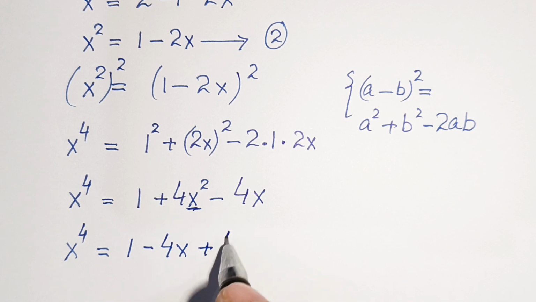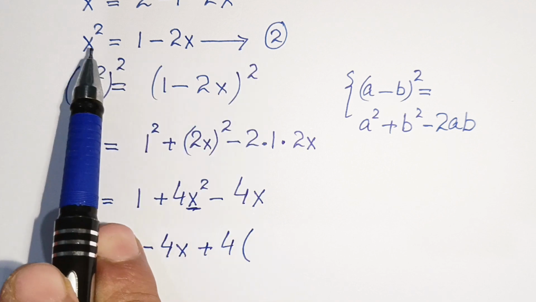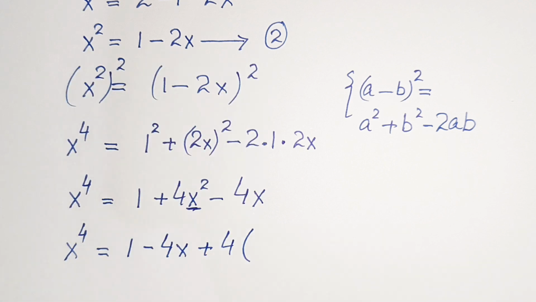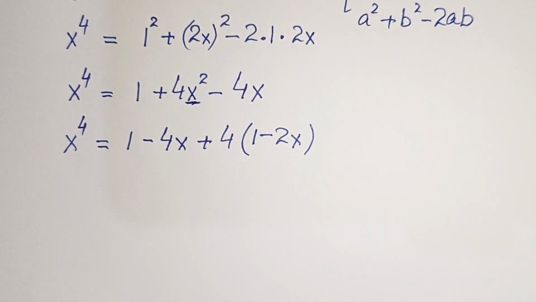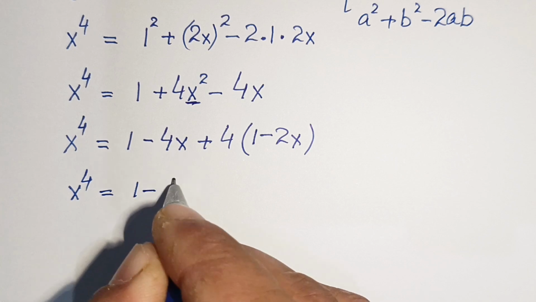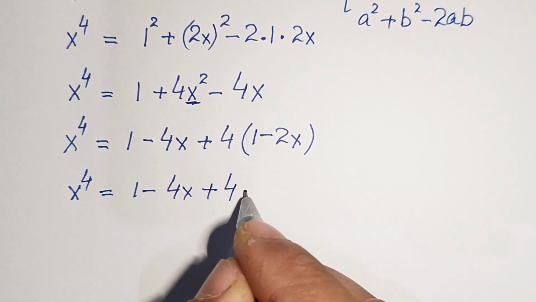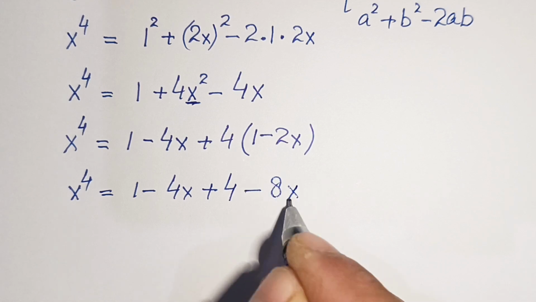So plus 4 times the value of x squared from equation 2, we see that x squared is equal to 1 minus 2x. So putting it here, we get 1 minus 2x. Now our next step will be x to the power 4 is equal to 1 minus 4x plus 4 times 1 is 4 plus 4 times minus 2x is minus 8x.